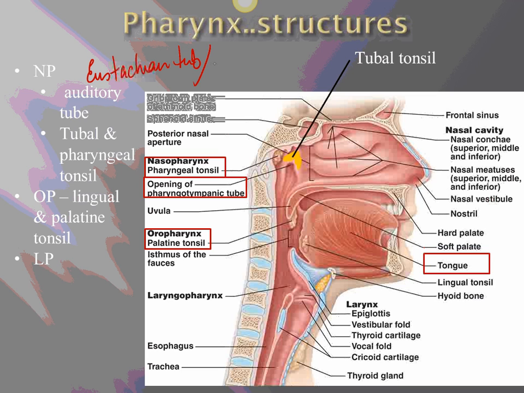So this eustachian tube connects the nasopharynx to the middle ear. Its function is to help equalize the pressure between the middle ear and the outside through the nasopharynx.